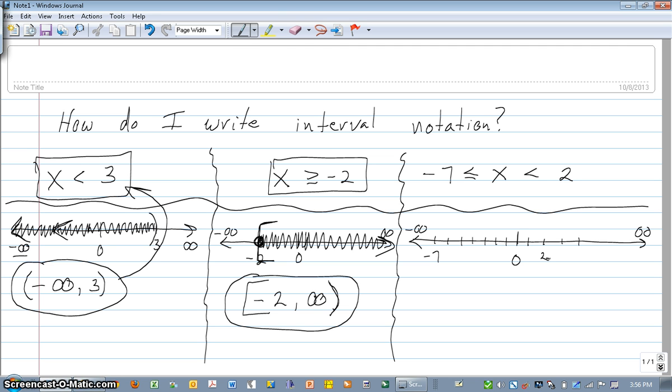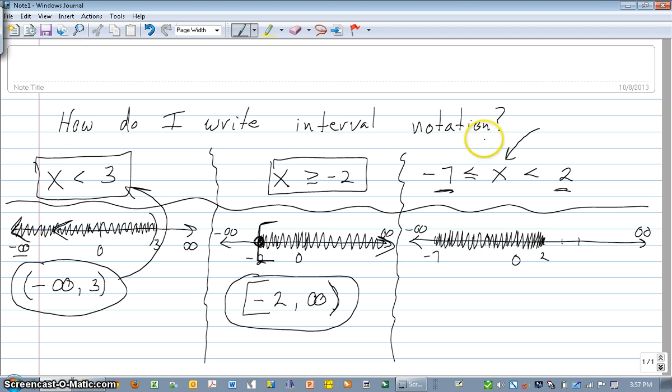It doesn't have to be exact, as long as we have the idea of how to draw the interval, that will give us the interval notation. The way I like to think about this one is we want to shade in literally all the numbers that are in between -7 and 2, because the x sits in between -7 and 2.